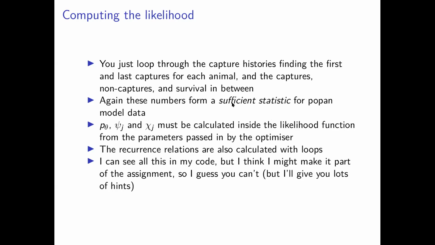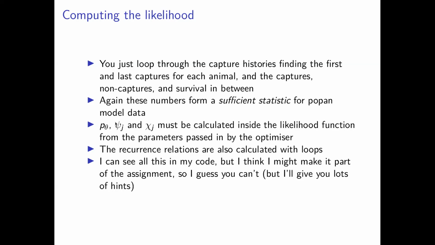They only rely on the data. But these values rely on the values of the parameters, which the optimizer is going to be changing every time it evaluates the likelihood. So you have to calculate these parameters inside the likelihood function based on the parameter values that will be passed in by the optimizer.